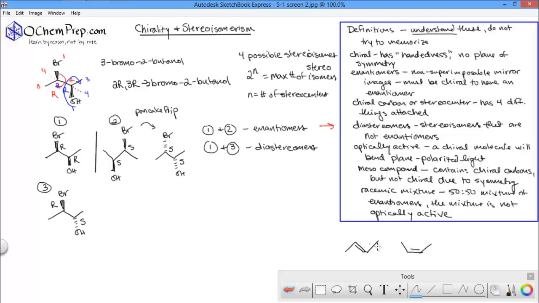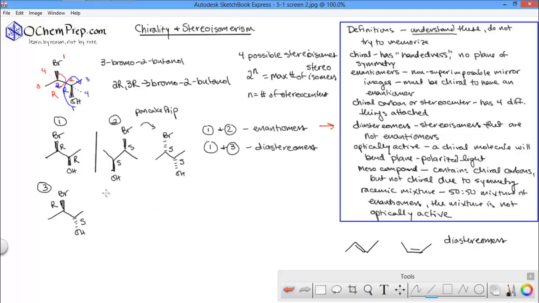These are stereoisomers that are not enantiomers. These are also diastereomers. They have no potential to have enantiomers because there are no chiral carbons in this molecule, but they are stereoisomers that are not enantiomers.